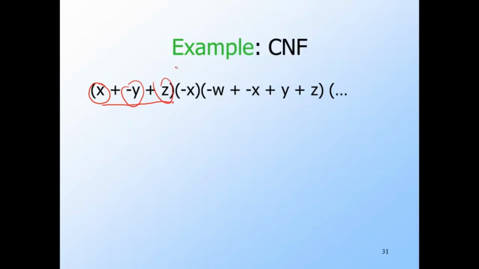The second clause is just not X. That's okay. A clause can be the OR of only one literal. The third is the OR of four literals, which are not W, not X, Y, and Z.